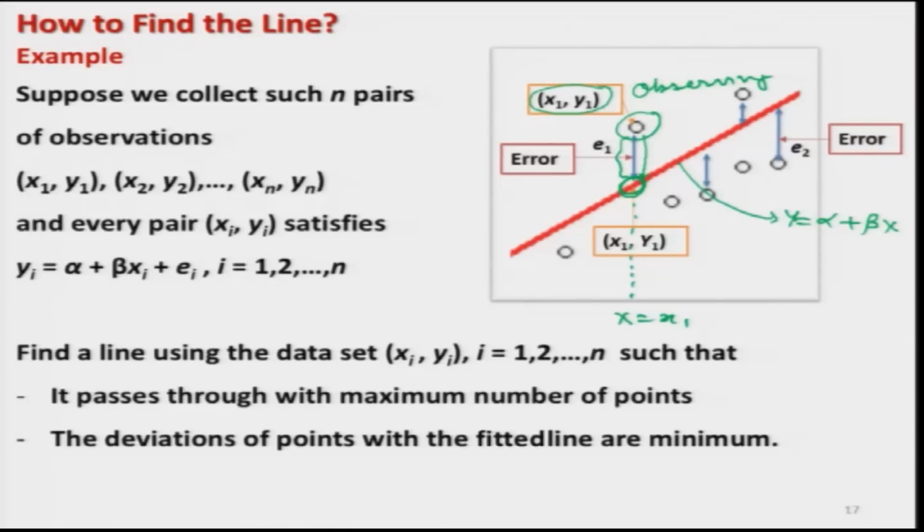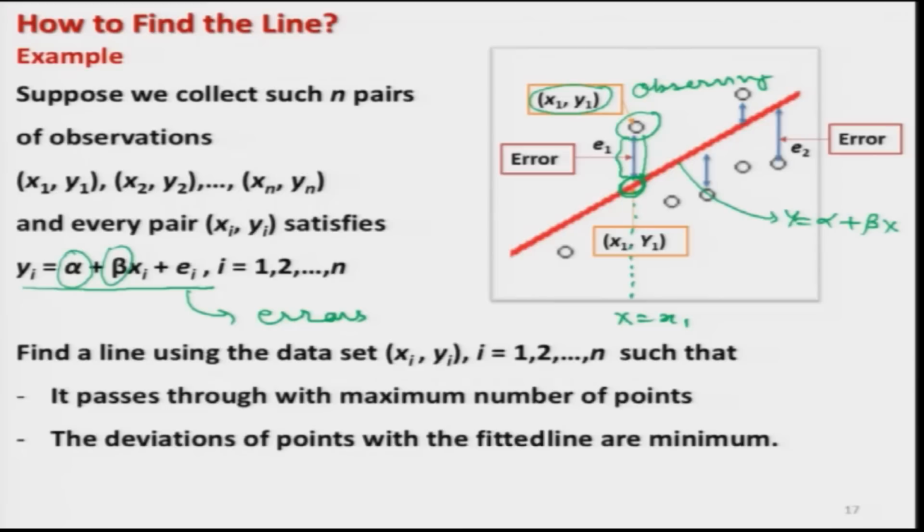Now, to express this fact in general, every pair of observations satisfies an equation like yi equals alpha plus beta xi plus ei, where the ei's are the errors. They can be in the positive direction or in the negative direction. We are going to find the values of alpha and beta such that the sum of squares of ei is minimum.